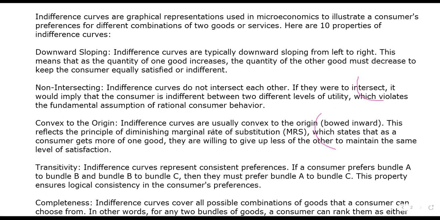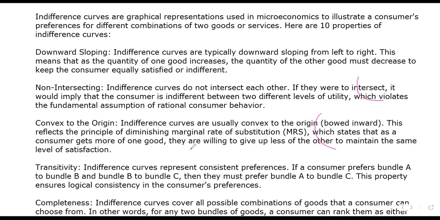Indifference curves are also transitive. Transitivity simply implies that indifference curves represent consistent preferences. If a consumer prefers bundle A to B and B to C, it means that they must prefer A to C as well.